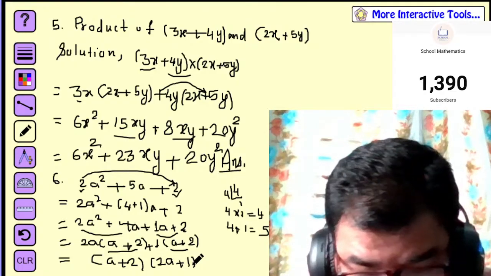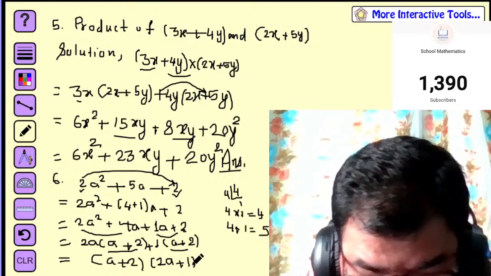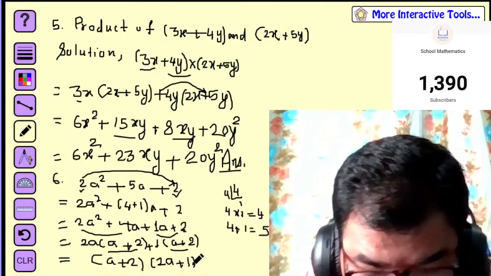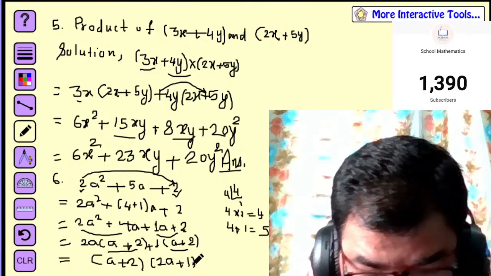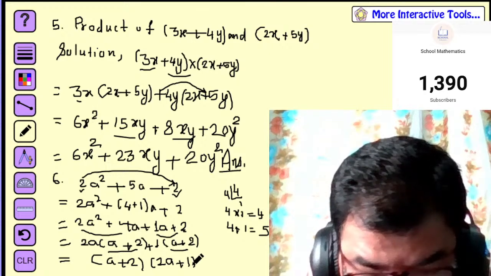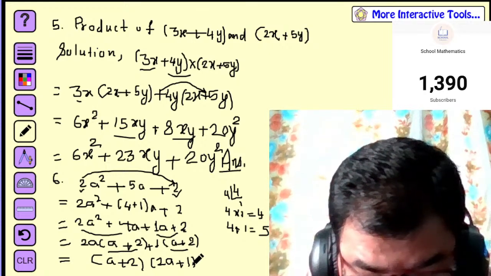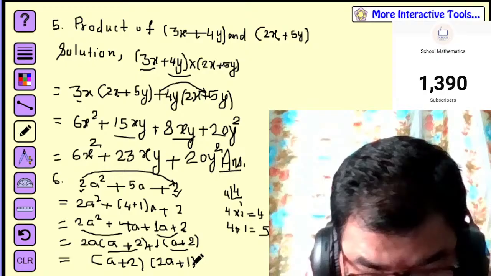And look, factorization is asked there. I have solved factorization here, how to factorize, and this algebraic tile one.